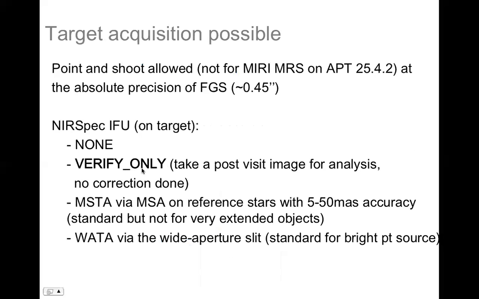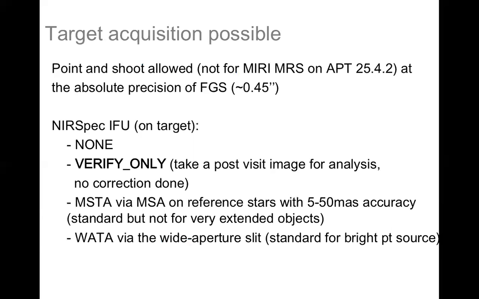With this option, no correction will be done on the pointing, but after your science exposure, what is called a post-visit image will be taken with no grating, but the mirror, either through the MSA or through the IFU. This image won't be used by the pipeline, but you can use it to have a better estimate of the astrometry of your source within the field of view of NIRSpec.